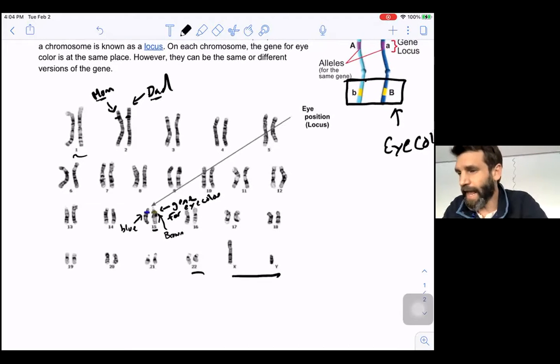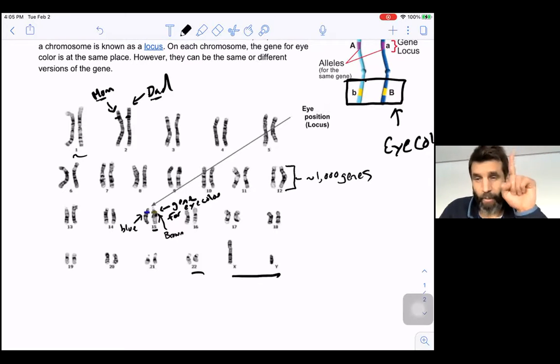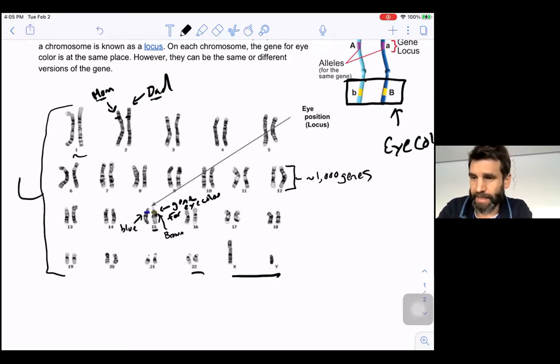And one thing that we also mentioned is that each chromosome has approximately 1,000 genes on it. And we're just focusing on one of those at a time, in this case, eye color. And that the entire genome in humans carries approximately 20,000 genes.